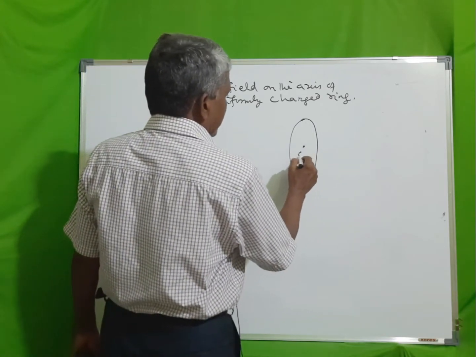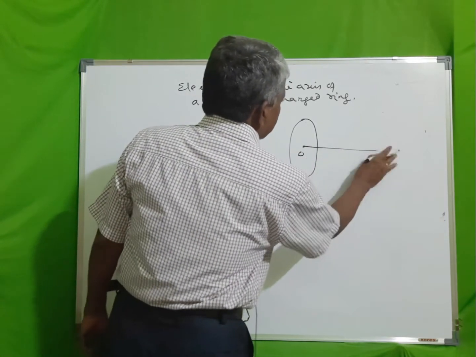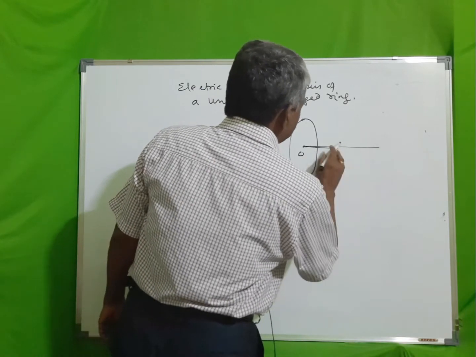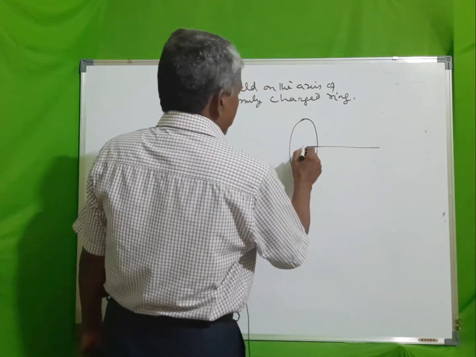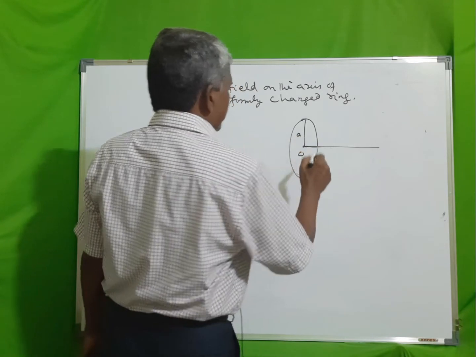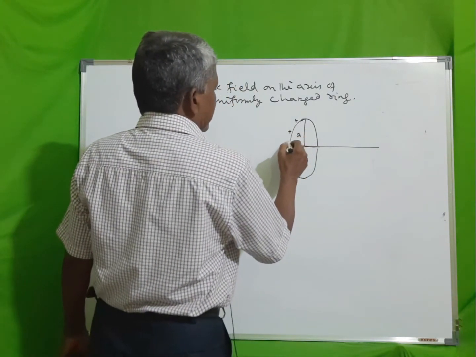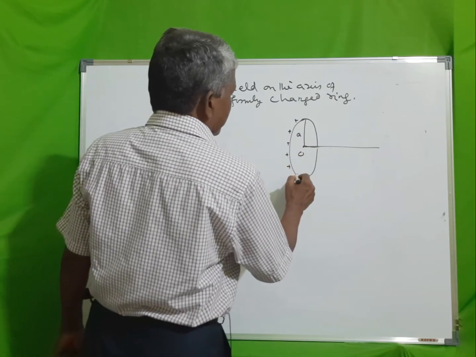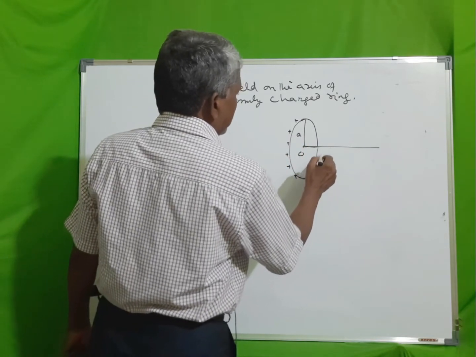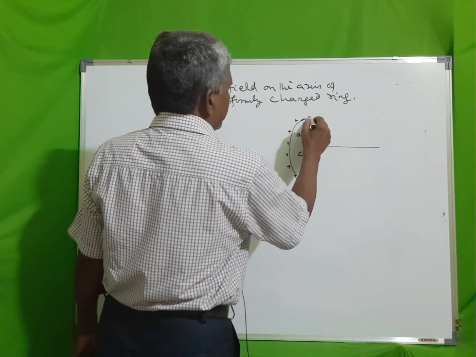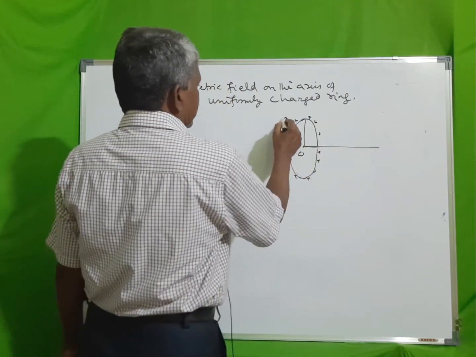O is the center. This is the axial line. Let small a be the radius of the ring. It is charged, positive or negative. Suppose it is positive, and total charge is Q.